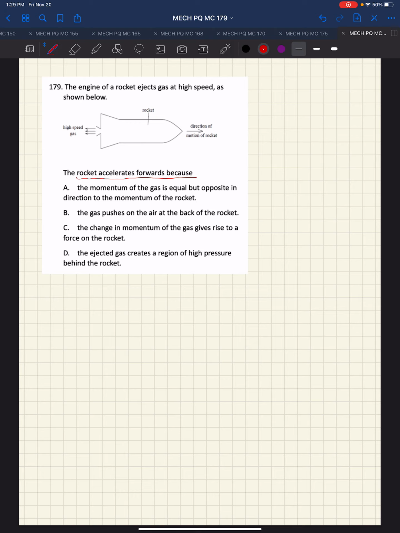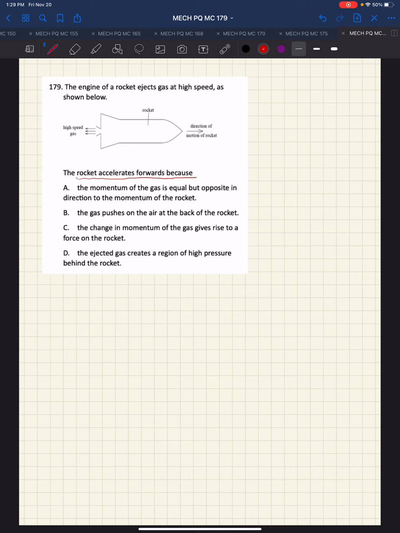So the momentum of the gas is equal but opposite in direction to the momentum of the rocket. If the rocket were stationary, it has a momentum of 0, and the momentum of the gas coming out would be negative, but the momentum of the rocket at that moment in time is 0.